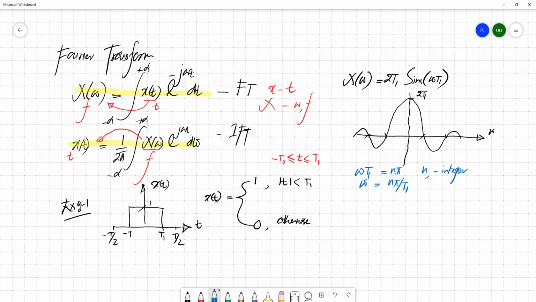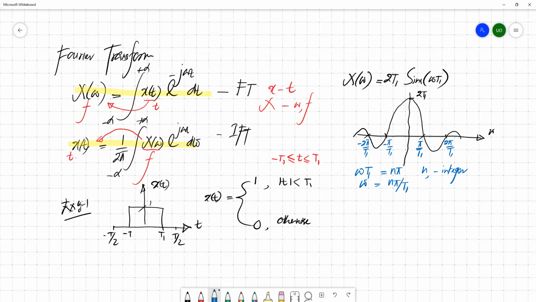We can simply substitute different n values and find this. So here it is pi over t1, this is 2 pi over t1, this is minus pi over t1, and this is minus 2 pi over t1.